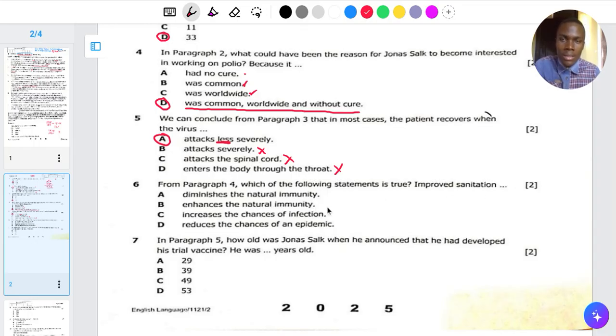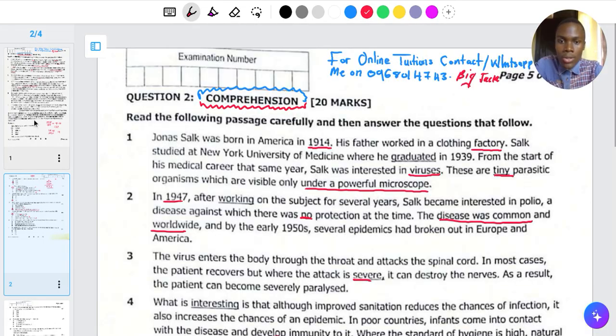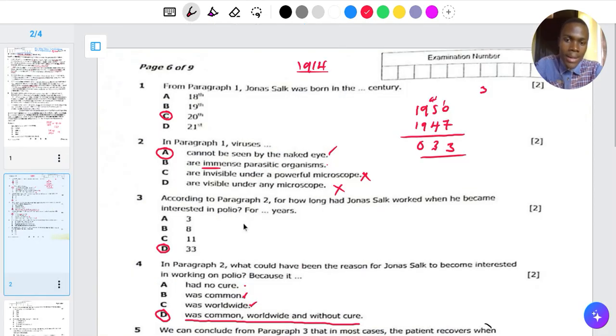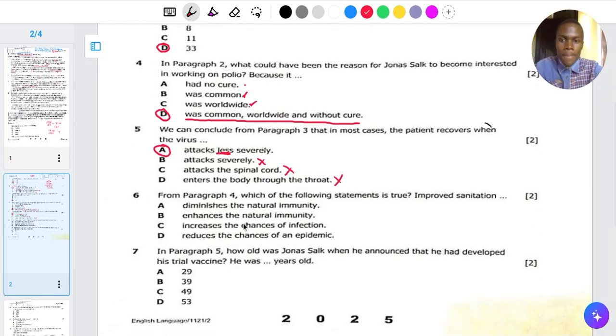We have also seen that improved sanitation is going to lead to an epidemic. Apart from that, there was also this point saying that where the standard of hygiene is high, natural immunity is lower. So that is diminishing the natural immunity, meaning our answer here is just going to be A.